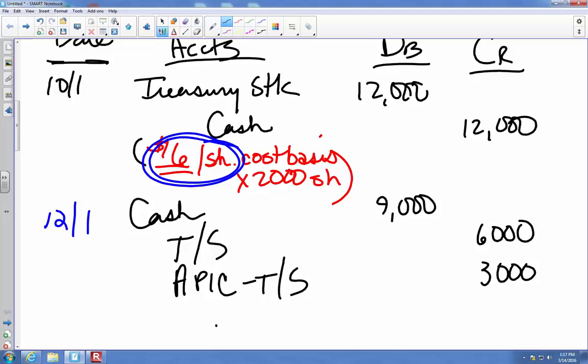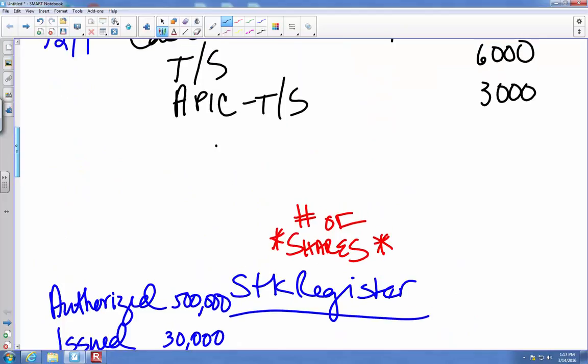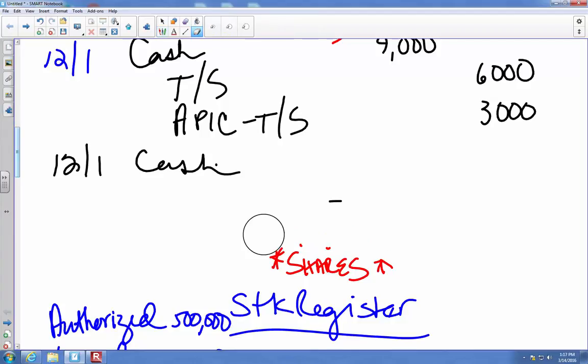So when I sold that second batch, what was the challenge? This time I reissued them for less than what I purchased them for. So how much cash did I get? 200 shares, $5 a pop. How much do I have to pull it off my books at?